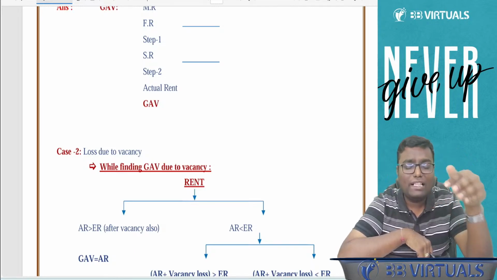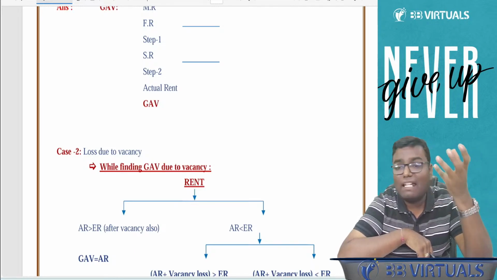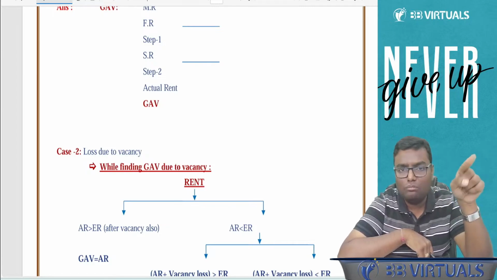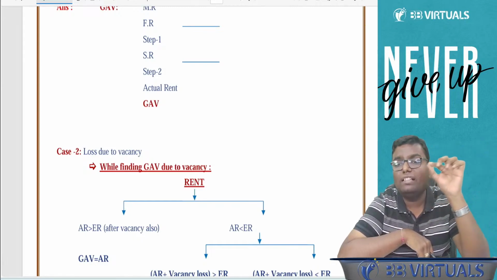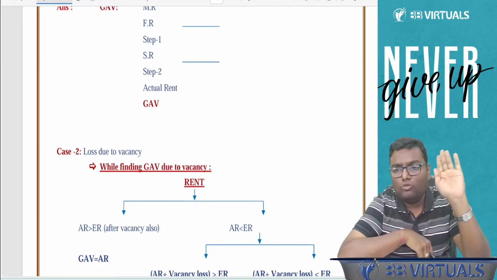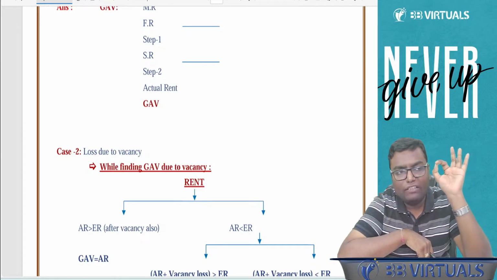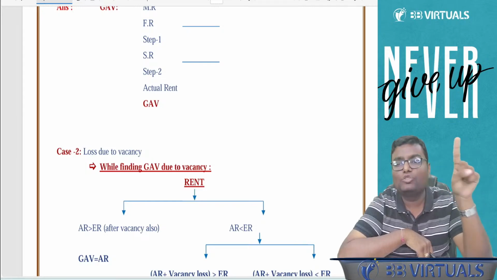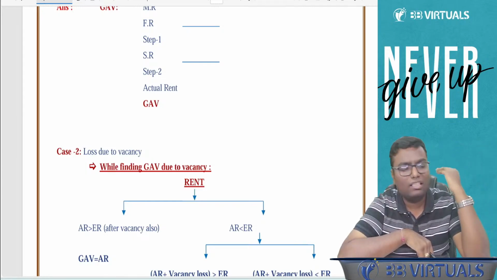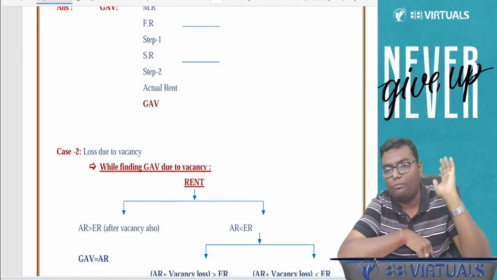Then we saw that if any rent is accrued but is not realizable, not recoverable, and all the three conditions of rule 4 are satisfied, it is called unrealized rent. It is not to be deducted from expected rent. It will always be of 12 months. Unrealized rent is to be reduced from actual rent. And finally, whichever is higher will become your gross annual value.